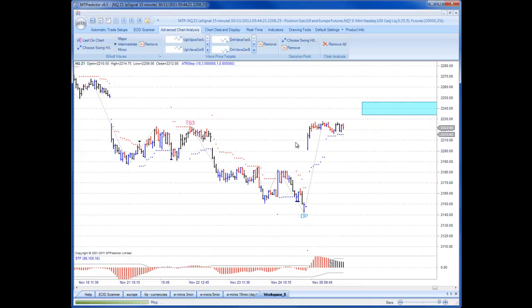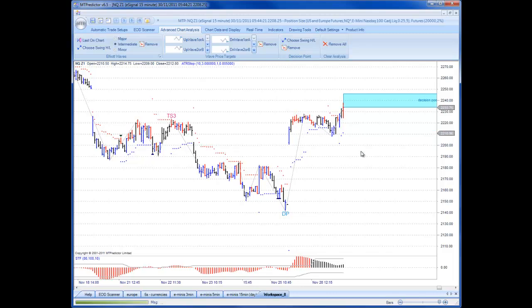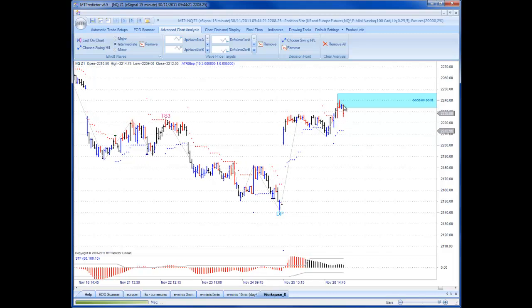So let's see what happened basically. Move forward. The day opened around here somewhere. The market then started to go up, up, up, and can you see how it tagged this high at 10:15, that's New York time, and started to decline back down.